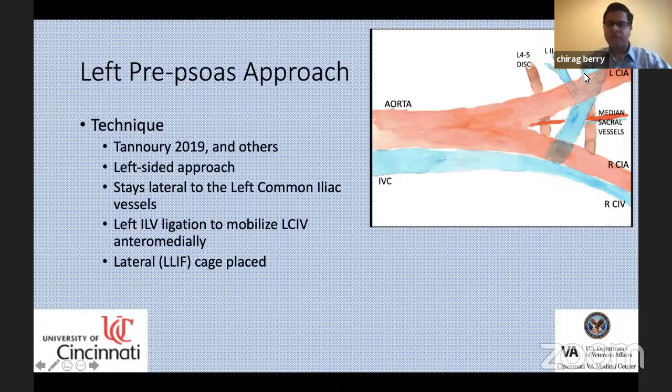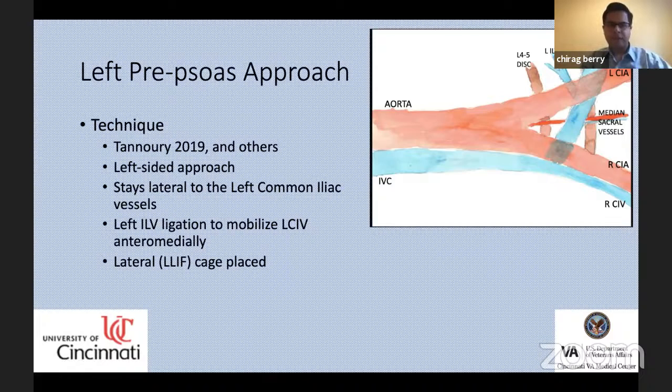So if you're trying to stay lateral to your bifurcation, you have to realize that you may have to ligate this vein, the iliolumbar vein, to mobilize these left common iliac vessels medially or anteromedially to expose the lateral annulus of your L5-S1 disc. And then you place a lateral cage going from the lateral annulus of the L5-S1 instead of an ALIF cage.